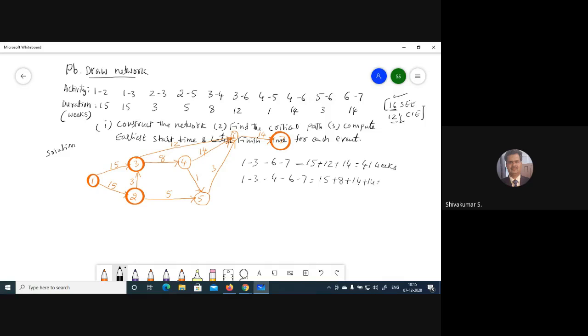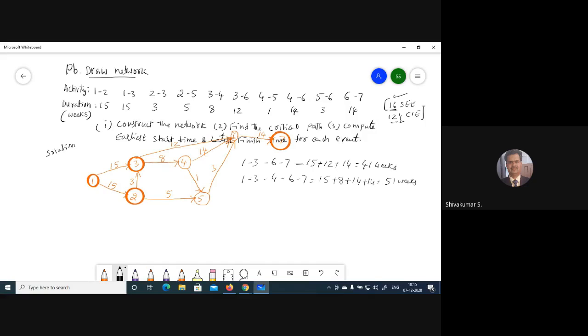Check out how much duration it is. It is 51 weeks, no? 51 weeks.